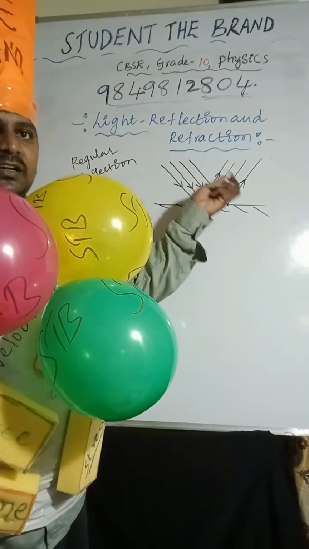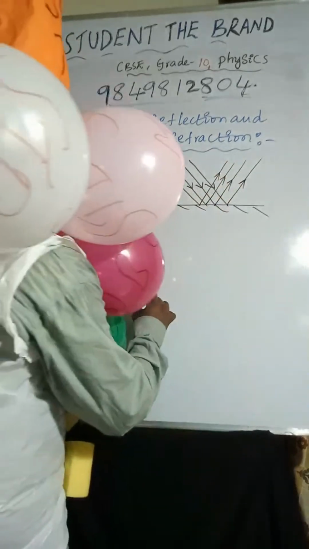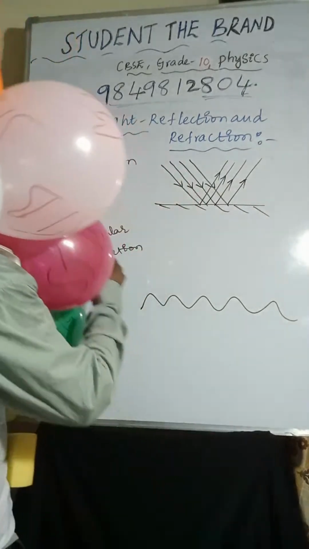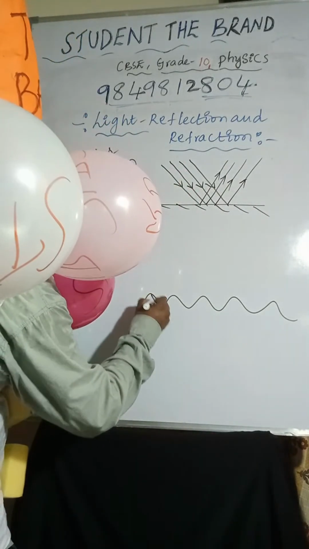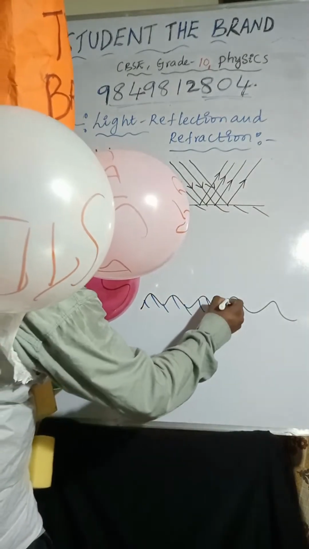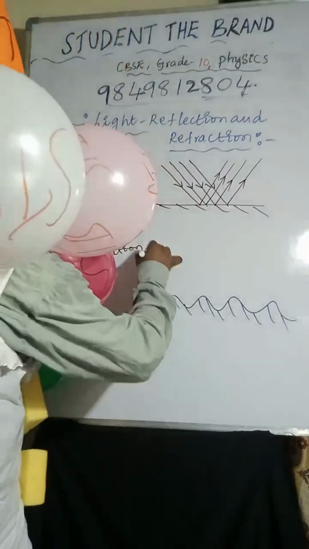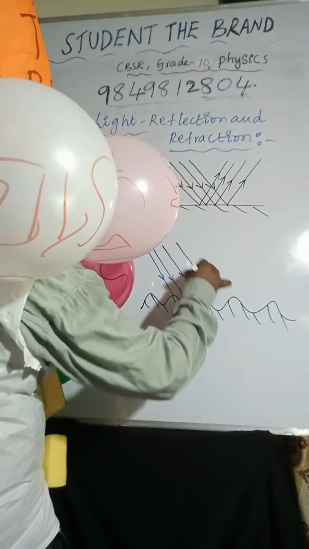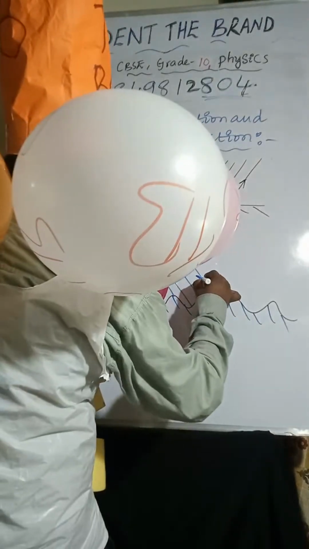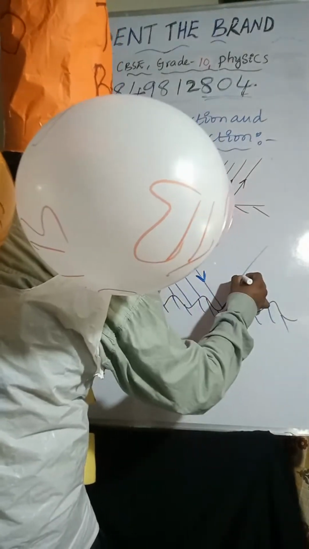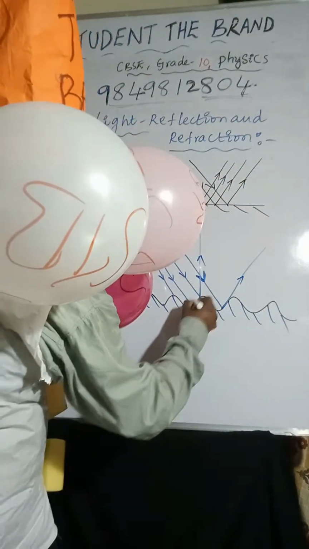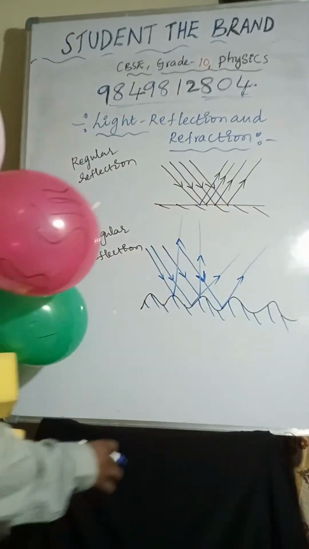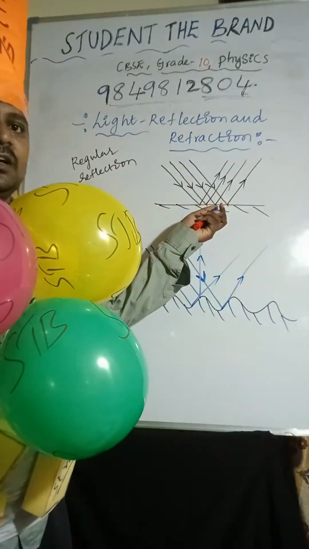Coming to irregular reflection. Here incident light rays are parallel, and reflected light rays are also parallel to each other, so it is called regular reflection.